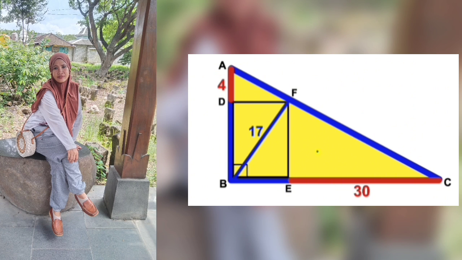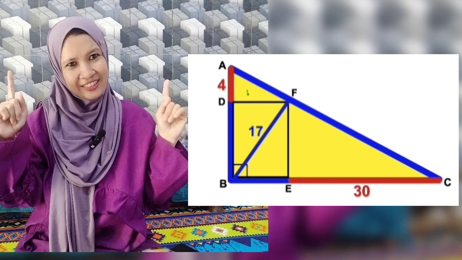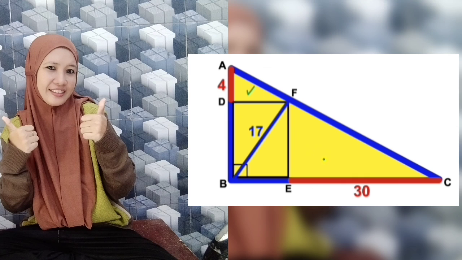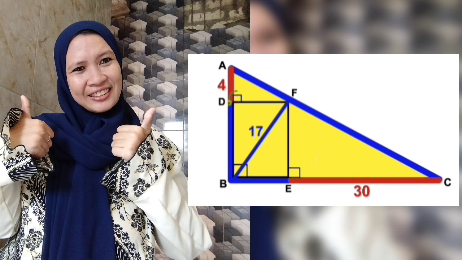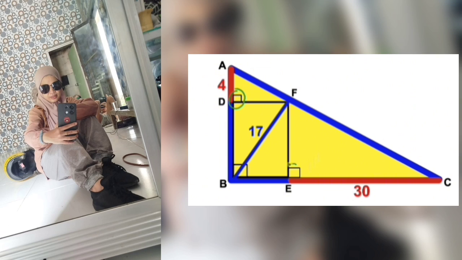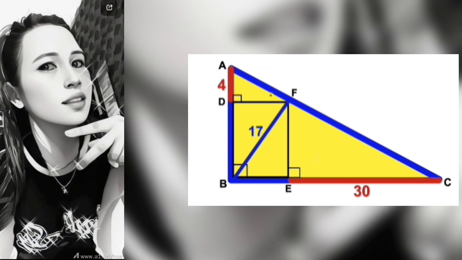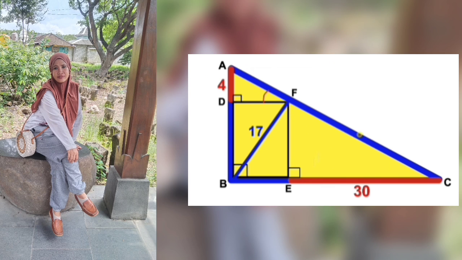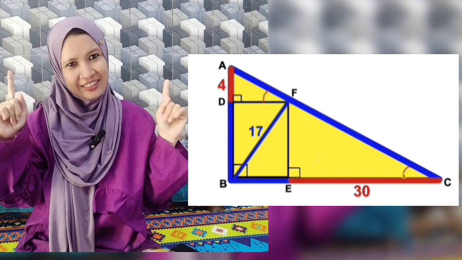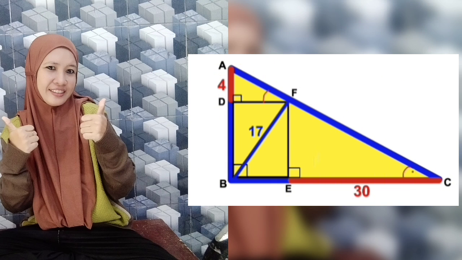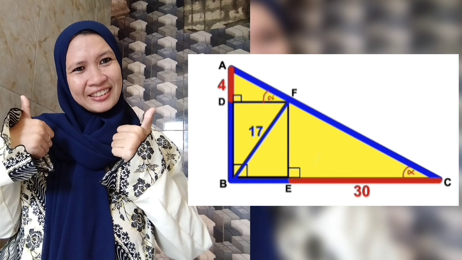Let's focus on these two triangles, this triangle ADF and this triangle FEC. We can see that these angles, this angle and this angle, are 90 degrees since we are dealing with this rectangle. And now let's make an observation. We can see that this angle and this angle are congruent angles since they are corresponding angles. If this angle is alpha, then this angle has got to be alpha as well.